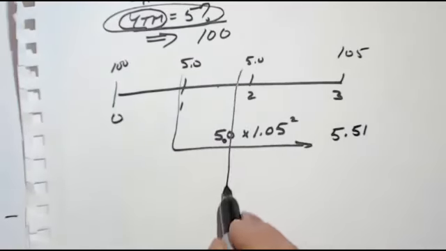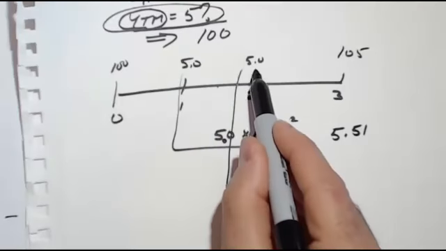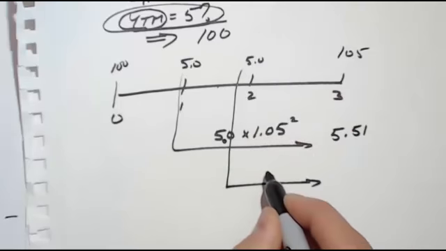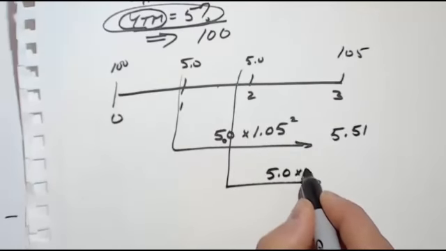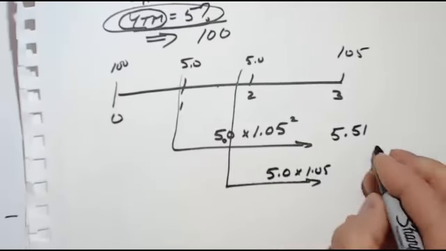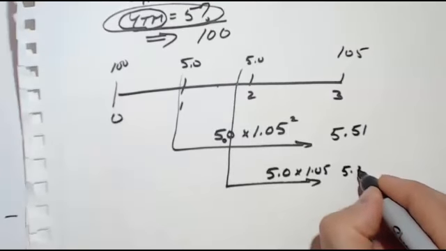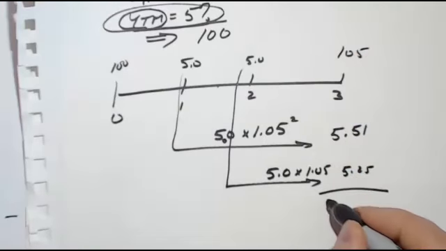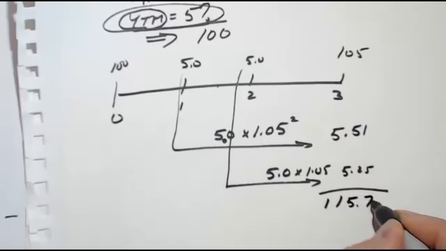Take the $5 cash flow you get in year 2 and reinvest it for a year. 5 times 1.05 is worth $5.25. Add these three numbers up, and you get a future value of your cash flow of $115.76.